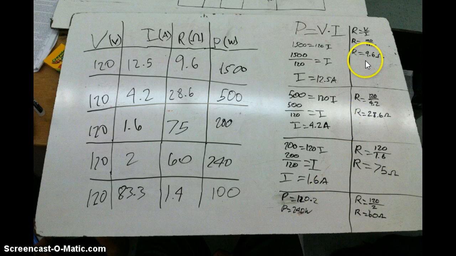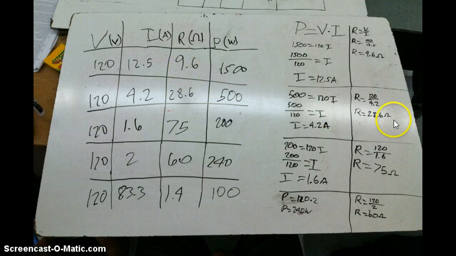To figure out the amount of resistance, we use the equation R equals V over I. For the first one, we took 120 volts and put it over the current we found, which was 12.5 amps, and we were able to get 9.6 ohms.